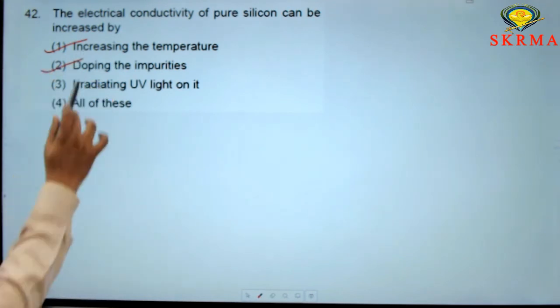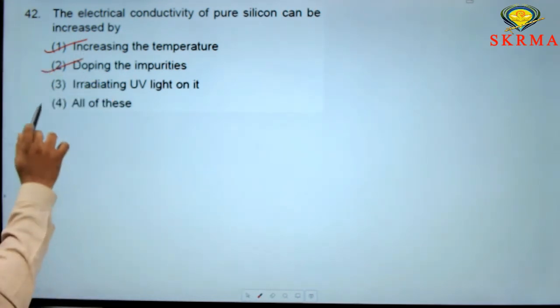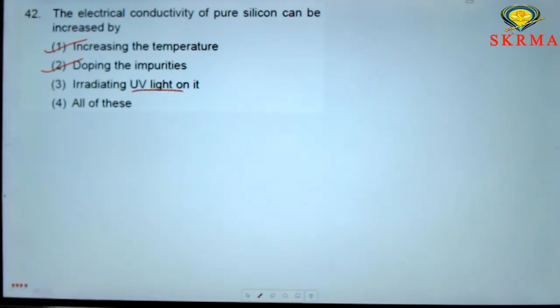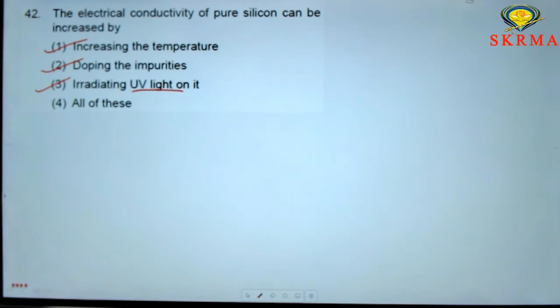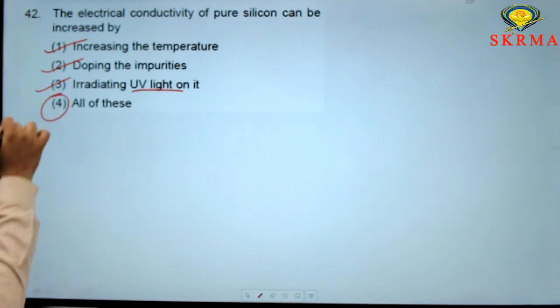Doping also increases electrical conductivity. Radiating UV light, that means some energy radiated on that one, like a light emitting diode. So all of these are correct. So for the fourth option you have to select.